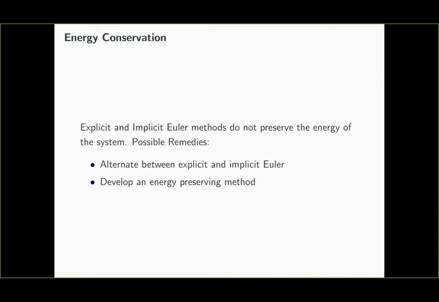So if we do one step of the explicit Euler method and one step of the implicit Euler method, then we have the same energy as before. Okay, that's one possibility. We could also go the other way around, do one step of the implicit Euler method and then a step of the explicit Euler method.